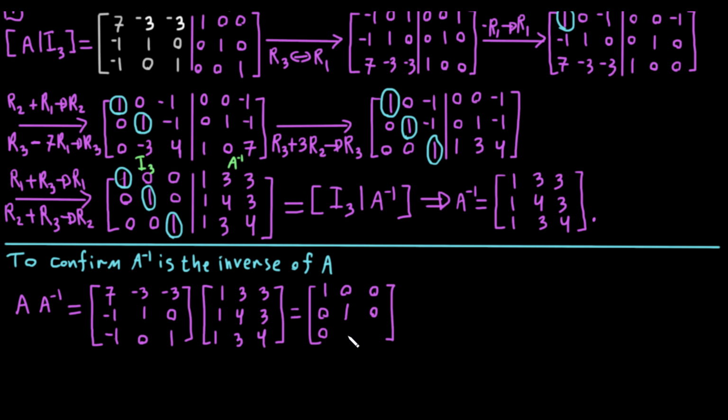To find this element, we have to multiply this row by this column.